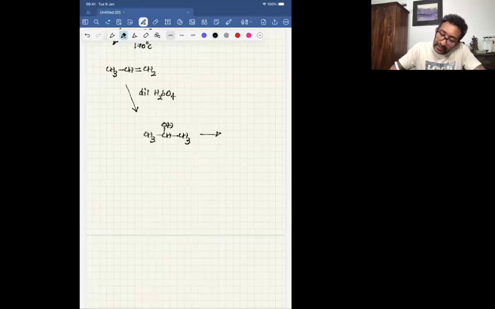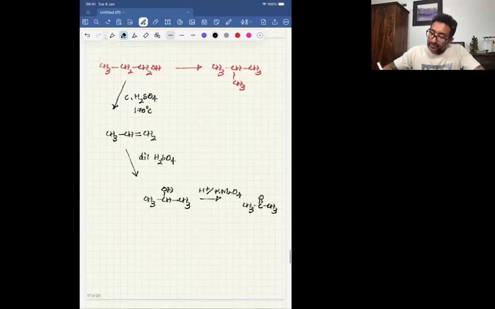That's why I take this. Right? Which plus KMnO4. You get CH3, C double bond O, CH3. Now add the Grignard. CH3, MgBr. Dry ether. Water.